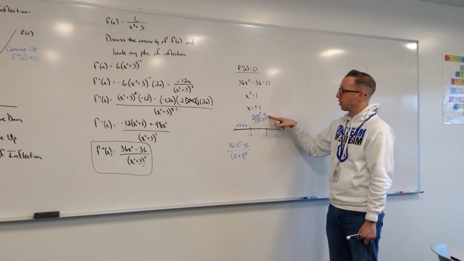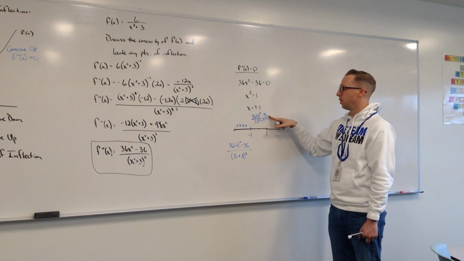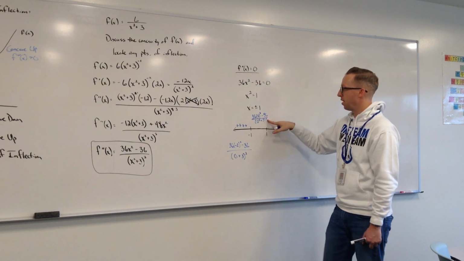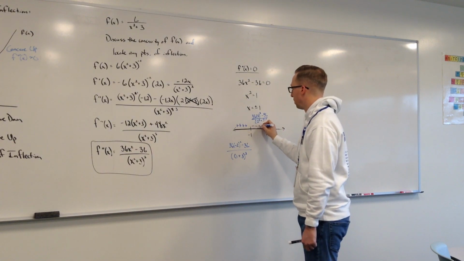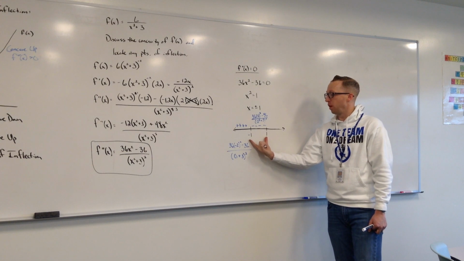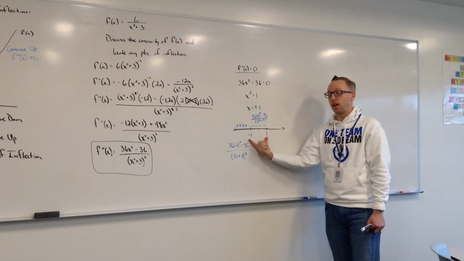This is 0 minus 36, so that would be a negative number. 0 plus 3 to the third is a positive number. A negative divided by a positive would make negative. Between negative 1 and 1, my function will be concave down.